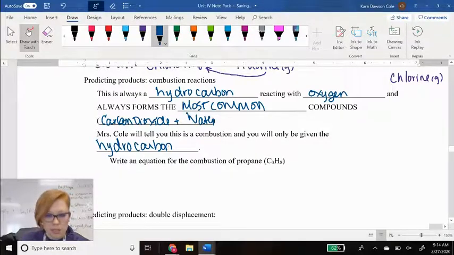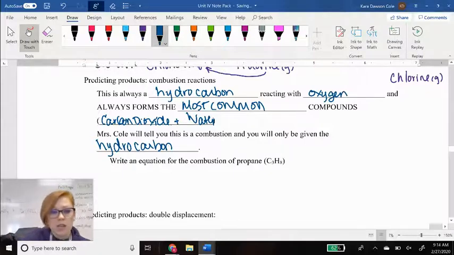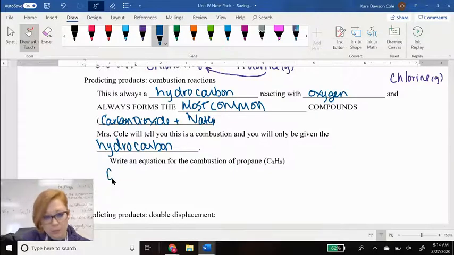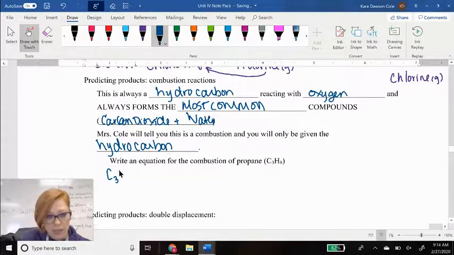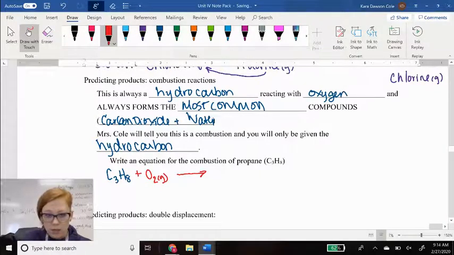So for instance, write an equation for the combustion of propane. I give you propane, and I give you the formula for propane. I tell you it's a combustion reaction. So I need to know that I have C3H8. What I need to be able to write is that I'm adding oxygen gas to this. It's forming CO2 plus H2O.